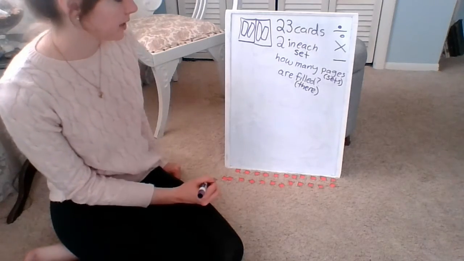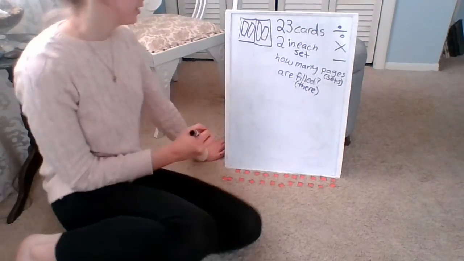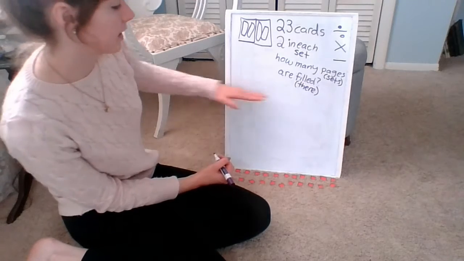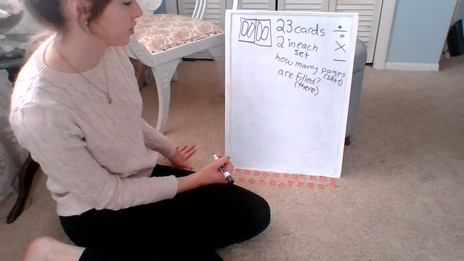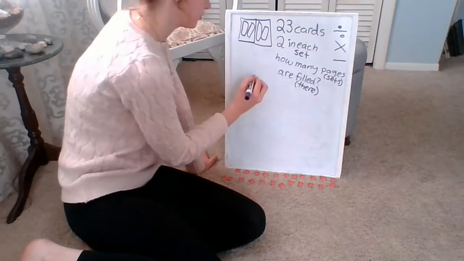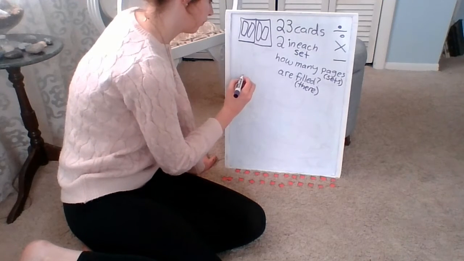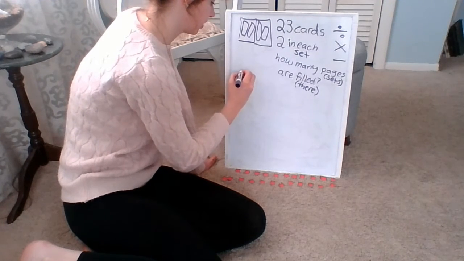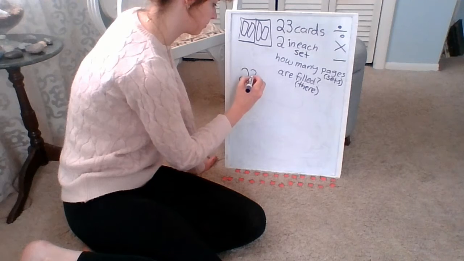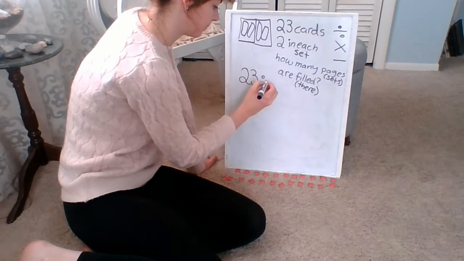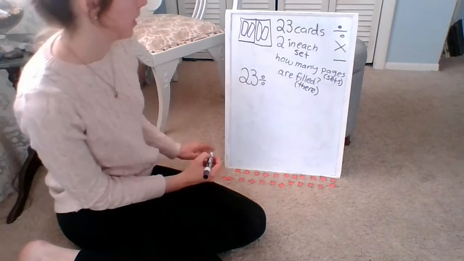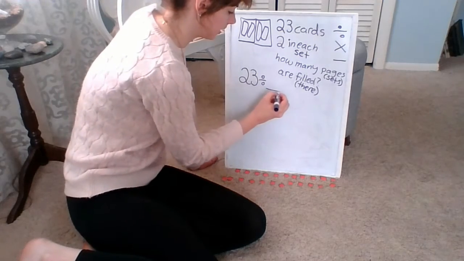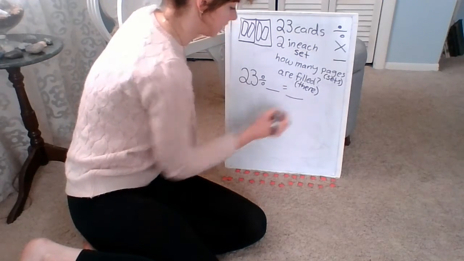That should help us with figuring out the type of problem we want to make. All right, so we definitely want to do a division problem. So let's fill it in horizontally, and then we'll make a division frame. Where does the total go for a division problem? It usually goes at the beginning. So 23 divided by, all right, we need to know either the sets or how many in each set.